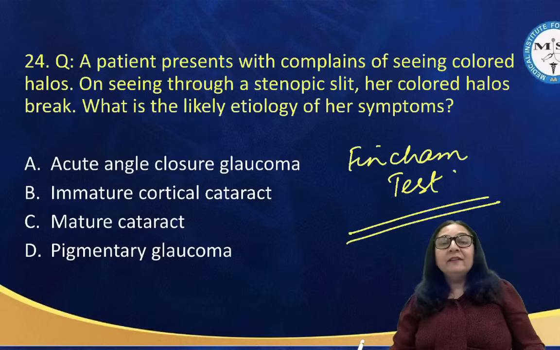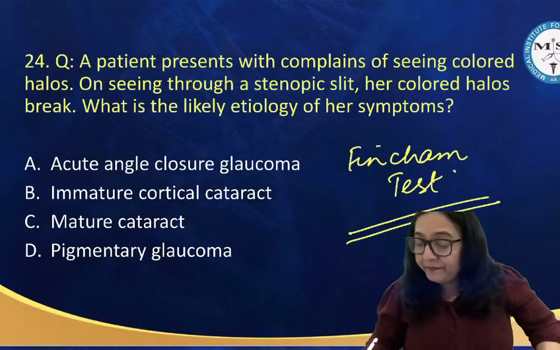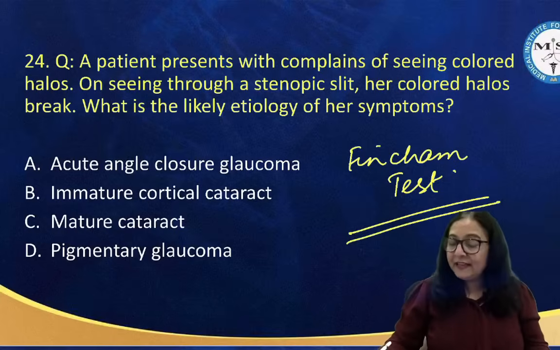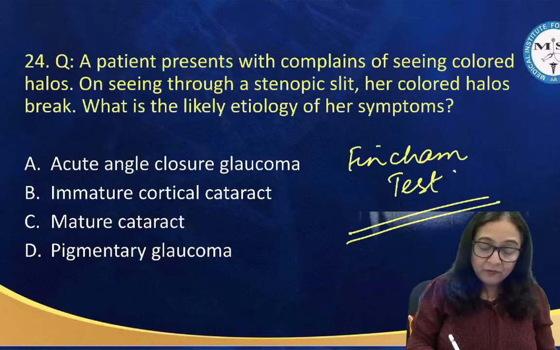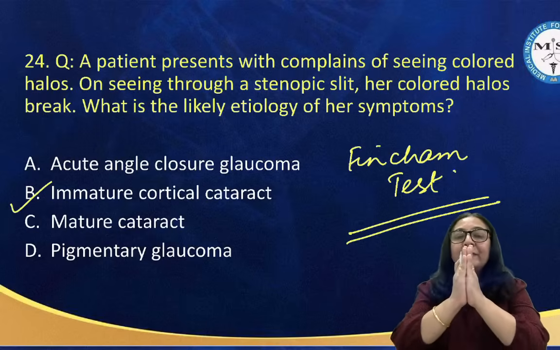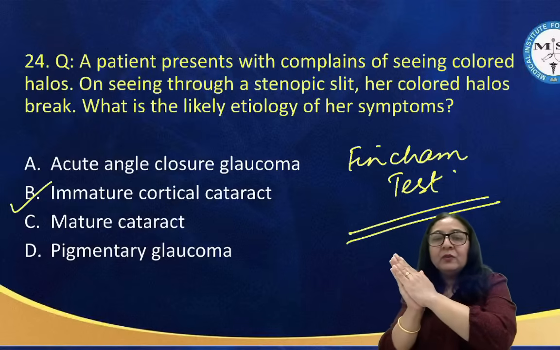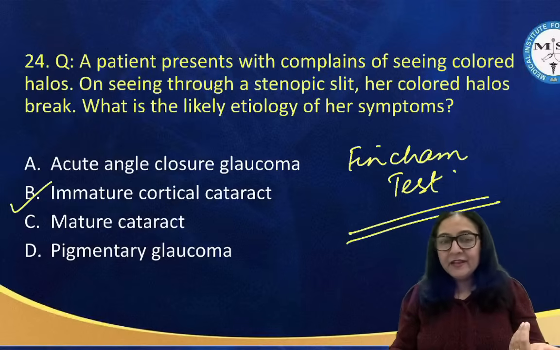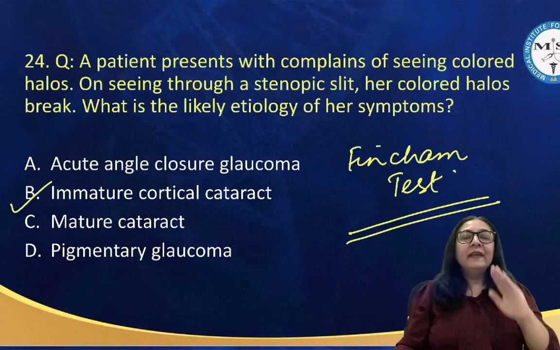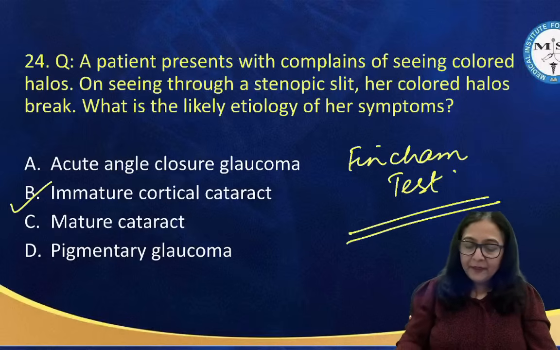So in which condition do the halos break? What is your answer over here? Perfect. Immature cortical cataract. So the colored halos are because of the immature cortical cataract. When the patient is looking through the slit, the halos break. When the patient does not look through the slit, the halos reappear. If they persist, then it is because of acute angle closure glaucoma. So there are 3 differential diagnoses of colored halos.